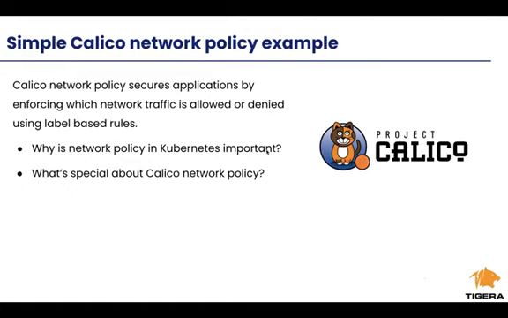And you can do that using label-based rules: labels applied to pods, labels applied to namespaces, labels applied to service accounts. The label management for things like namespaces and service accounts can be controlled by RBAC and held as an administrative function.